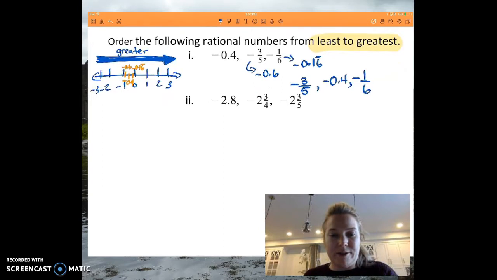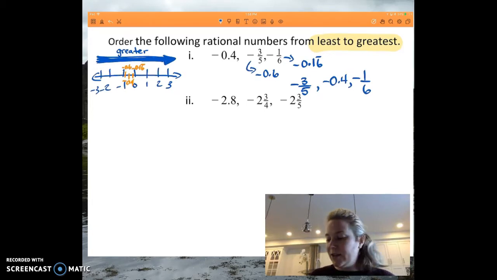Got one more here. Again, all negative numbers. It's something really important to practice, and it's something a lot of students struggle with, is this idea that a small negative number is larger than a big negative number. Because when it's more negative, it's actually becoming smaller. So it's a bit of a difficult concept, so I put 2 negative examples on here just to practice. So let's look at the negative 2.8.